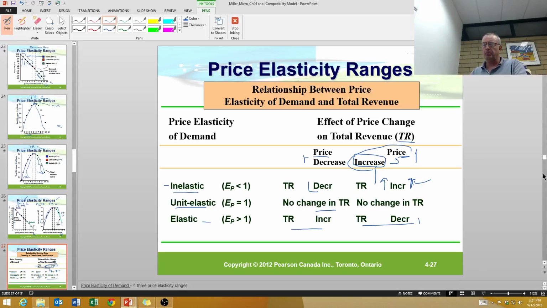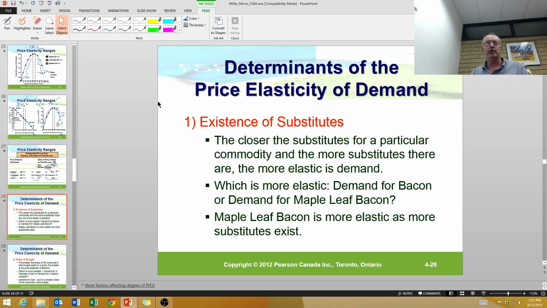Okay. So, what are some factors that affect the price elasticity of demand? As we mentioned before, whether or not there are substitutes available. The greater the number of substitutes for a product, the more elastic the demand is going to be.